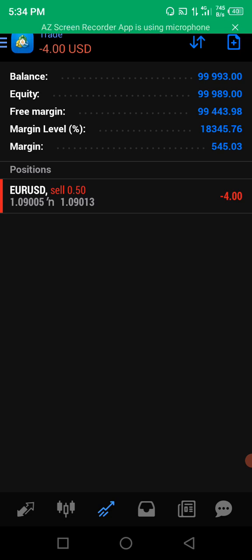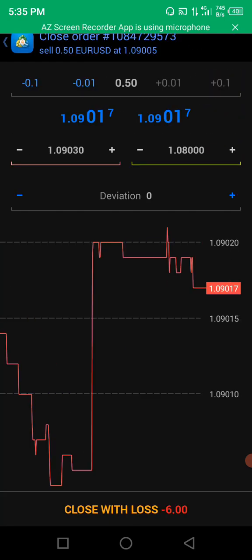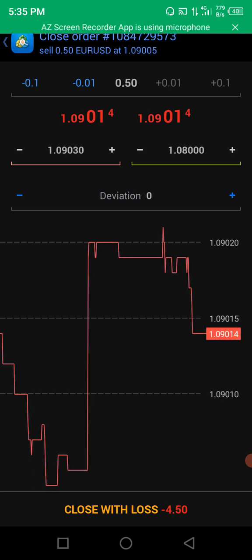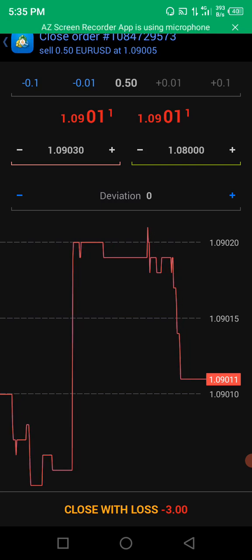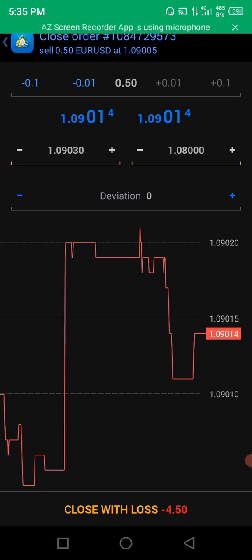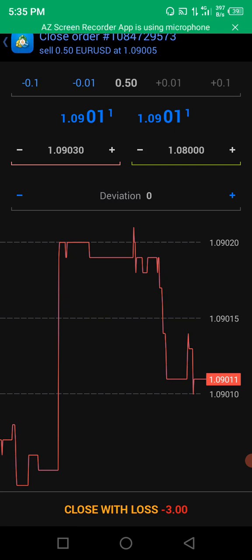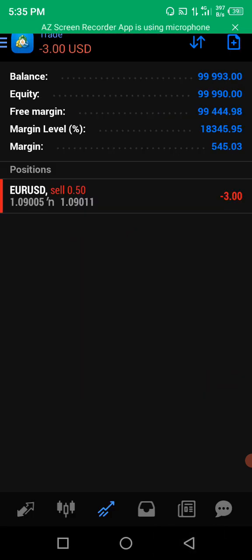You hold the trade that is running, close order, and then you come to the lot size and remove the exact percentage of the lot size. You reduce the lot size, and then you come to where you have close, and you close that up. So you still have some portion of the trade running.